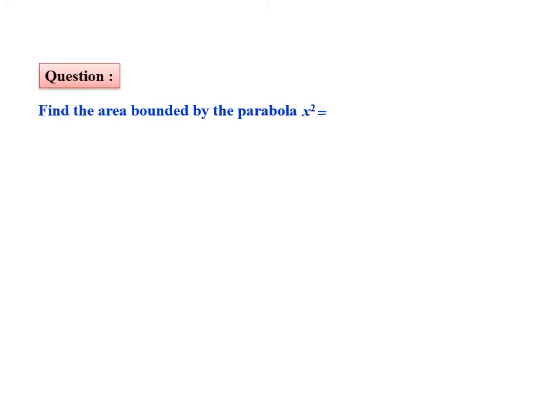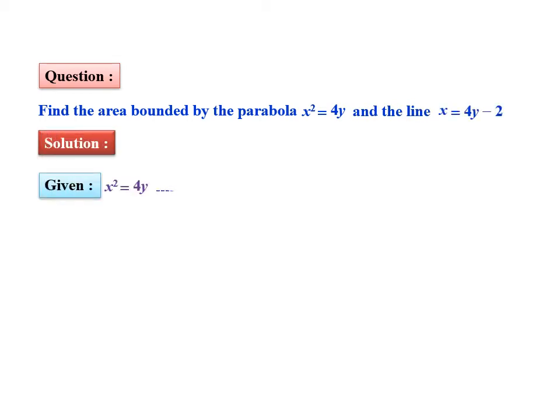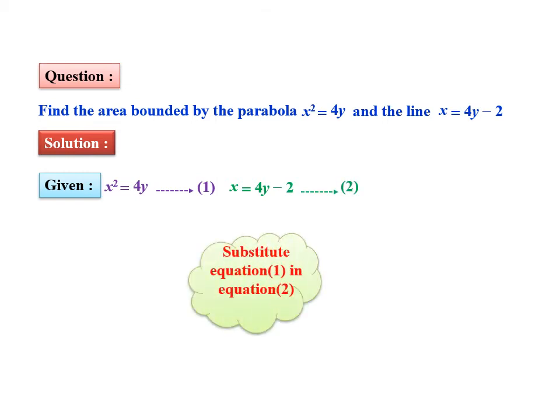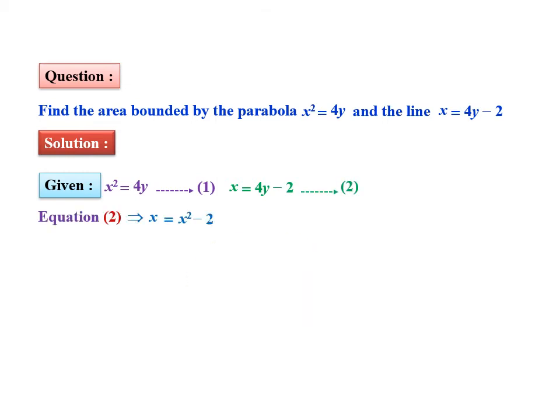Next question, find the area bounded by the parabola x square is equal to 4y and the line x is equal to 4y minus 2. So x square is equal to 4y is the equation of the parabola. X is equal to 4y minus 2 is the equation of the line.